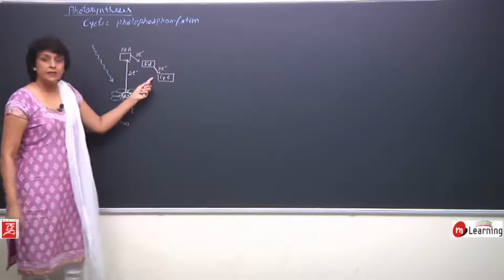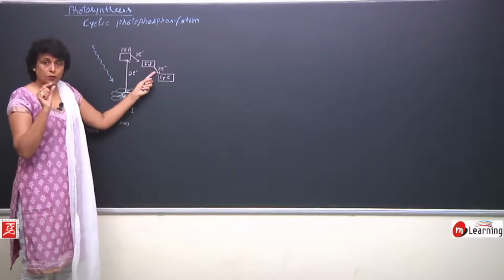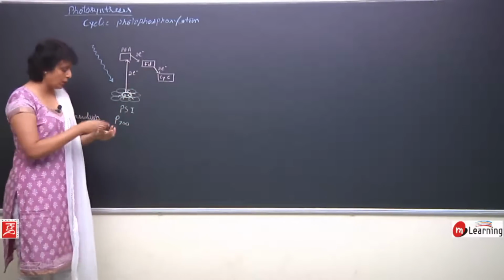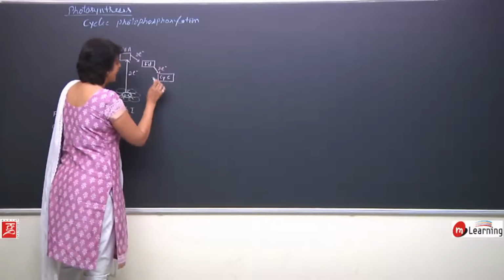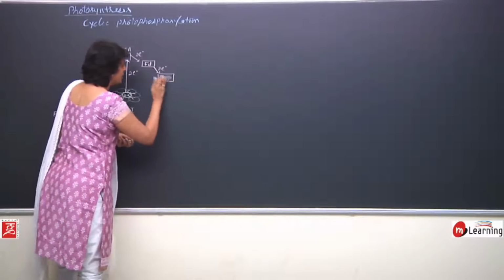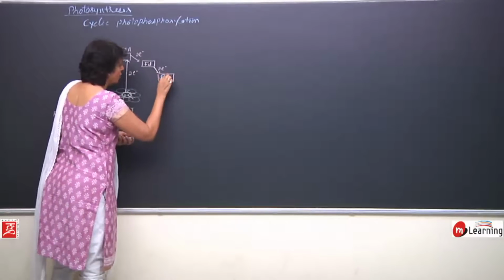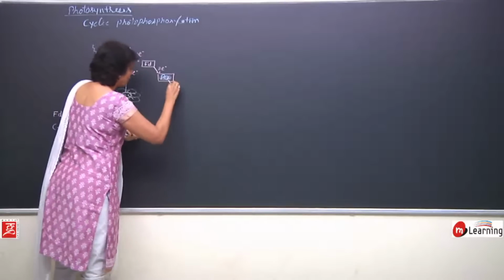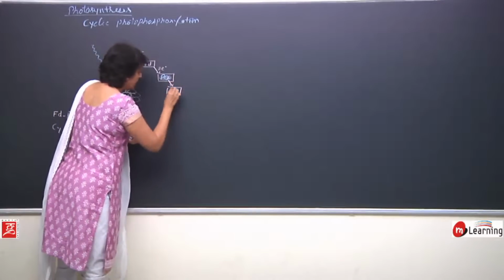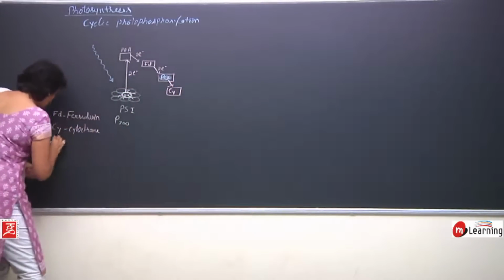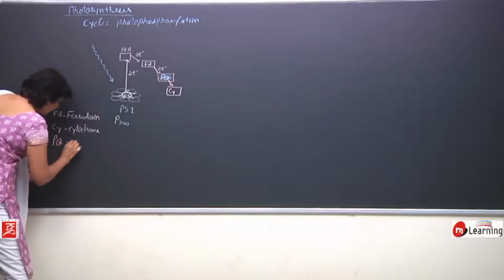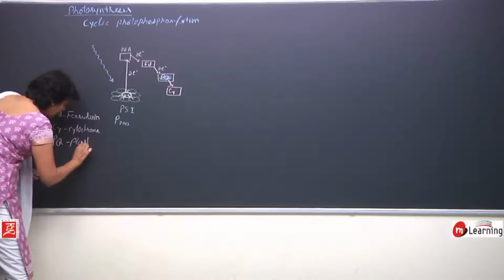In between this, there is one more electron acceptor which is plastoquinone. So, we will add that, or maybe just a slight change here. Let us put plastoquinone here and then cytochrome. So, PQ is plastoquinone.